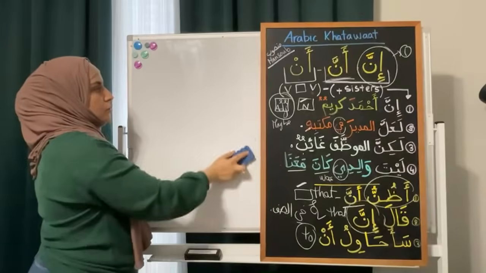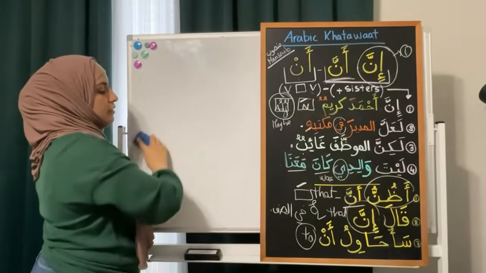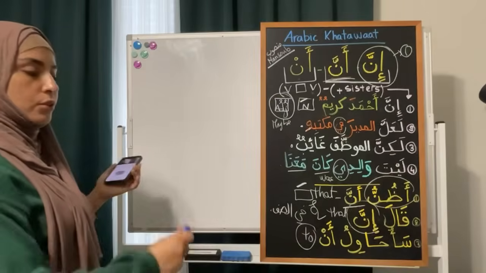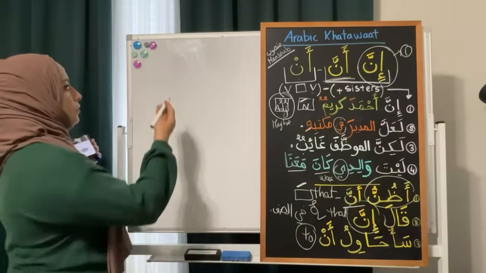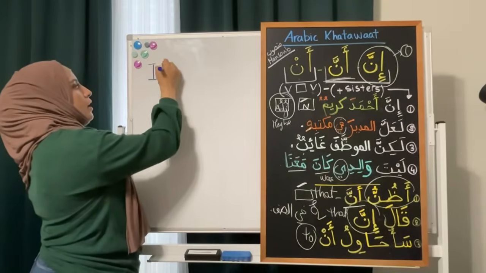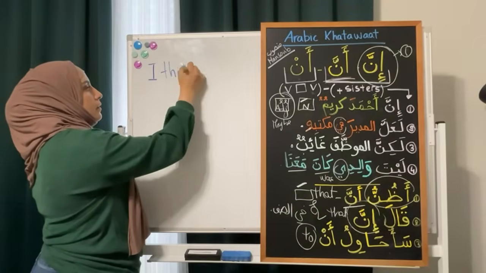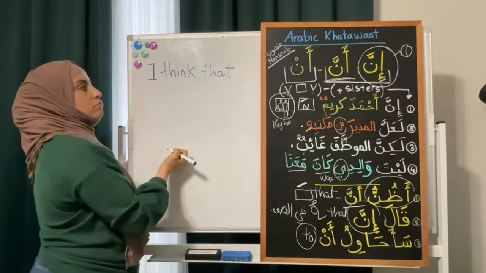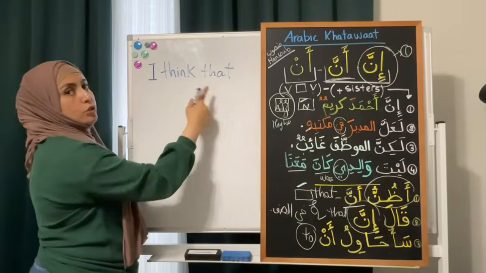So what I'm gonna do, like I just said, I stated an English phrase. You can think about any phrase in your native language, but you do the translation. So I will say, I think that, okay, you translate this one.